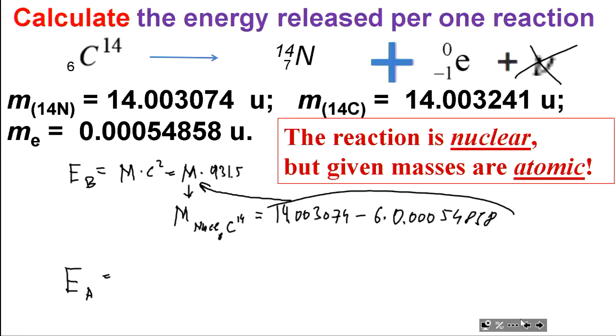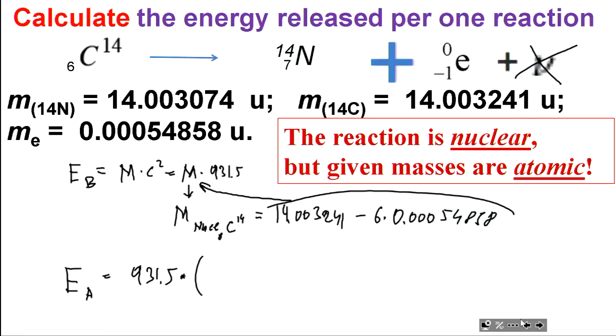So now it's going to be easier, right? Now we know it has to be 931.5, the same coefficient, times, well, first, the mass of a nucleus of the, oh shoot, I used the wrong mass here. That's supposed to be carbon, and carbon is 0.03241.